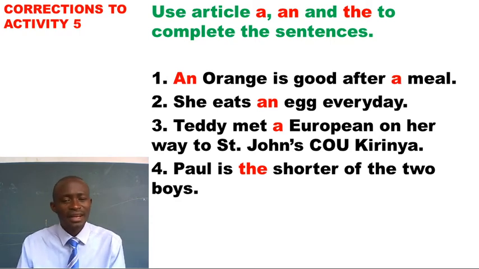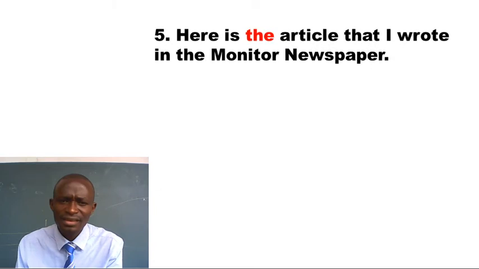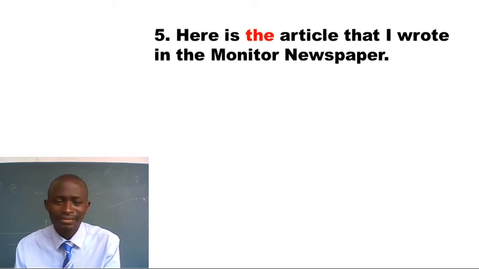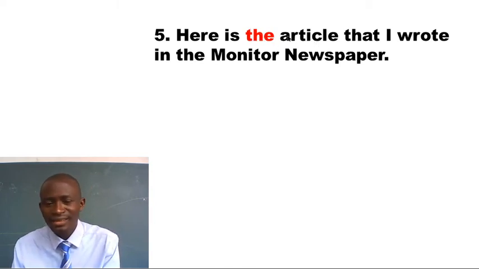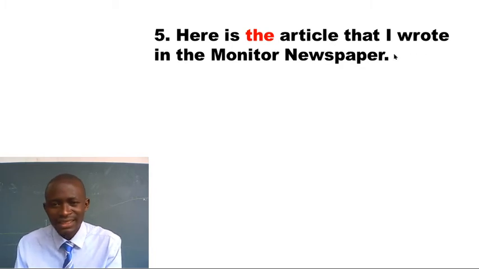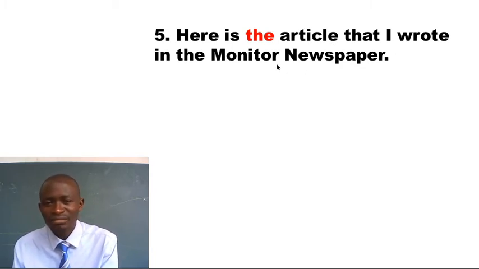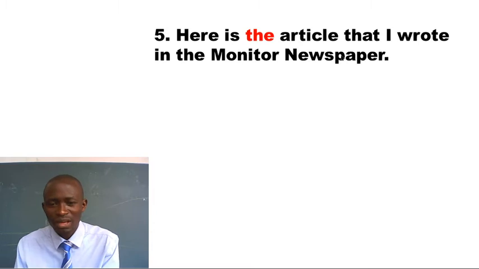Let's look at number 5. Number 5 says, here is the article that I wrote in the Monitor newspaper. Here is the article. The article identifies this object. The needed word is the.